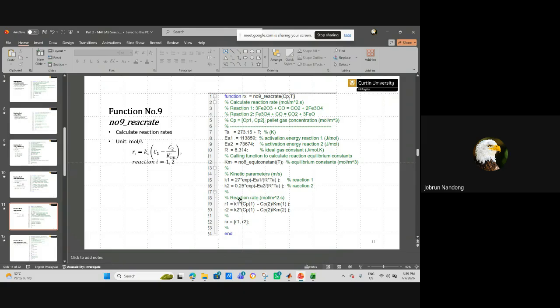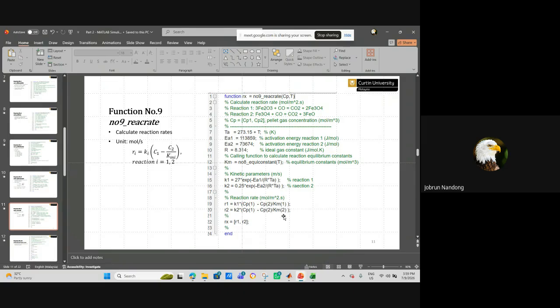Then after that, we can calculate reaction rate in terms of mole per meter square per second. Actually, per pellet, but I don't want to write pellet there because we are dealing with a pellet anyway. Otherwise, it's too long. So R1 is given by this. Okay, we have CP1, because the CP consists of two values there. Number 1 is for the CO, number 2 is for the CO2.